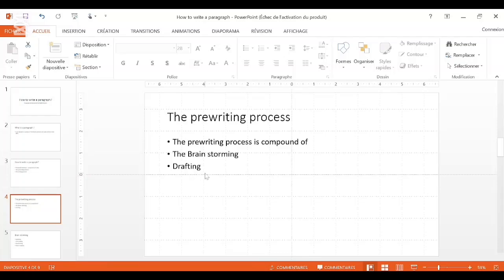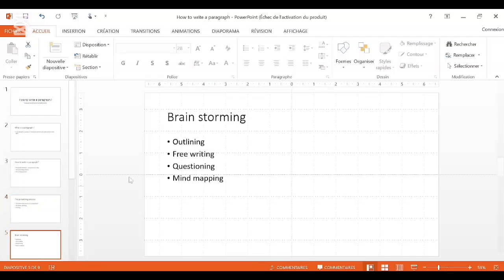So now let's dive more into the brainstorming. The brainstorming is outline, free writing, questioning, and mind mapping. Because as I said, the brainstorming is trying to have ideas about something. The brainstorming is when you try to collect ideas, to collect data, to have as much information as possible about a specific topic.